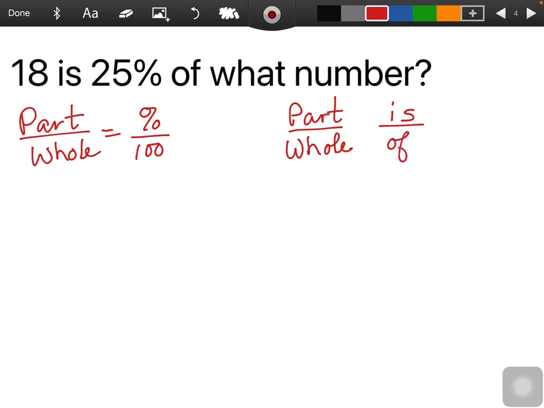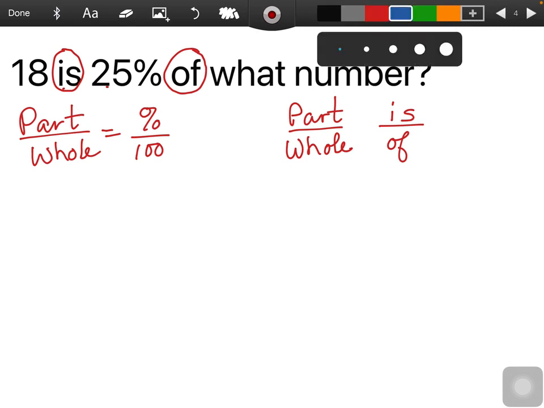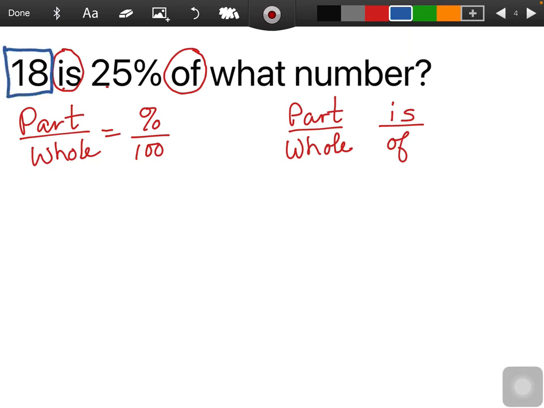Okay, and let me explain. 18 is 25% of what number? So I have an "is" and I have an "of." Of what number? If it's 18 is 25%, it means it's small. So 18 is not the main number, because it clearly says it is 25%.